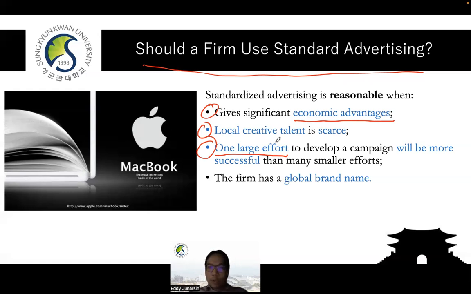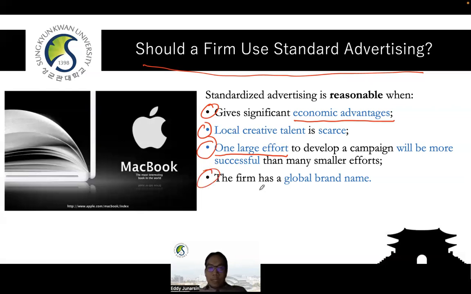So again, it depends on the product and the nature of the product, and also the technical standards, and also the sophistication of the end users. Again, it depends on many factors. But we can tailor the decision on a case-by-case basis.